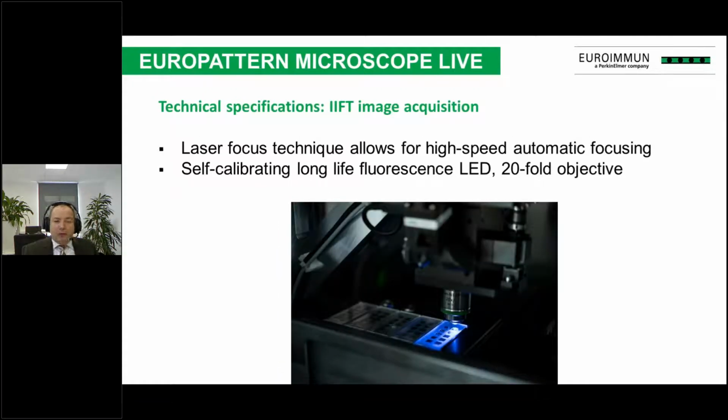Another very important advantage of EUROPattern Microscope Live is the fluorescence standardization for all devices worldwide. In the green circle, you can see the already described fluorescence standard, which helps us to set all devices to one unique automated calibration, so that subjective fluorescence assessment becomes a thing of the past.